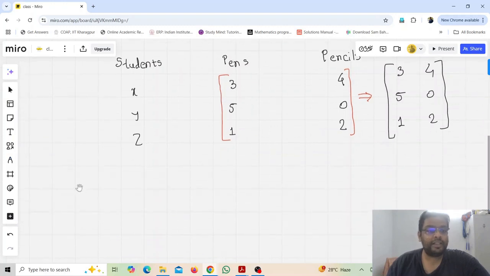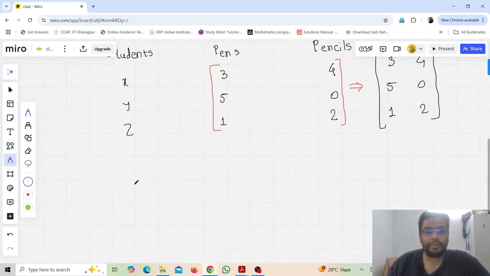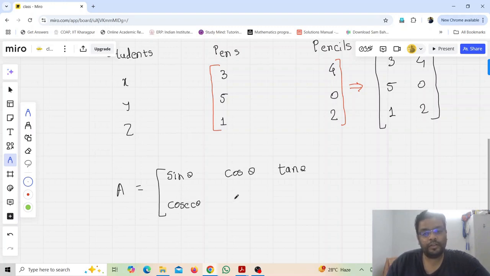So let's take another example. Let's consider a matrix A which looks something like this: sine theta, cos theta, tan theta, cosec theta, sec theta, cot theta.